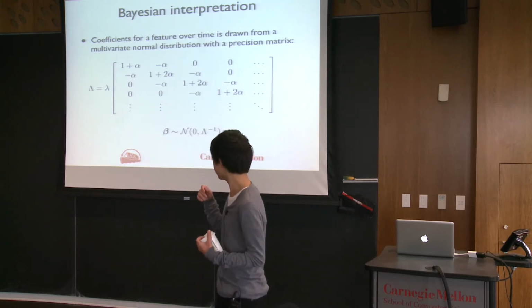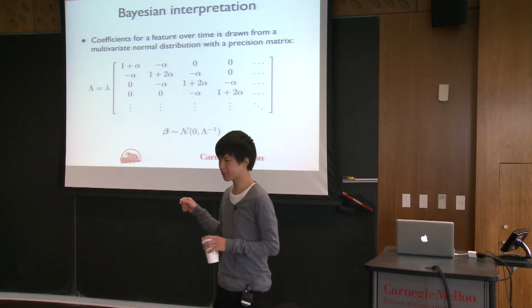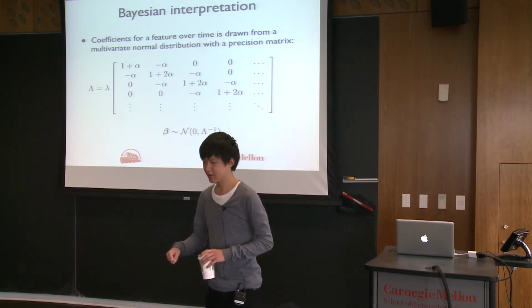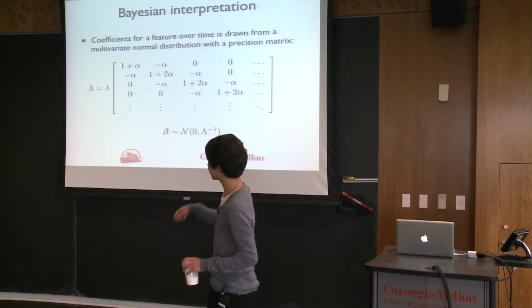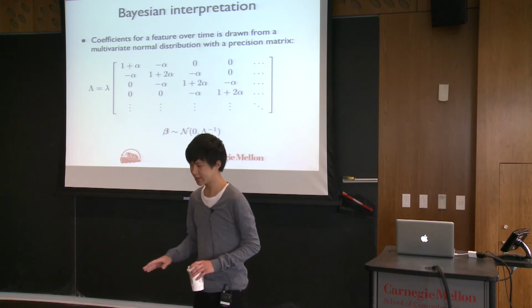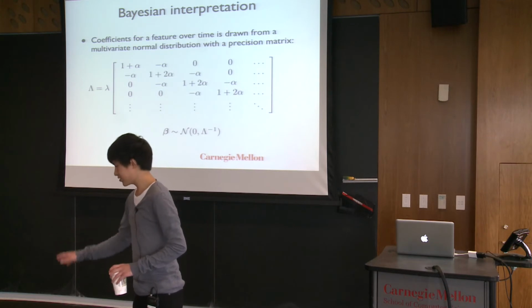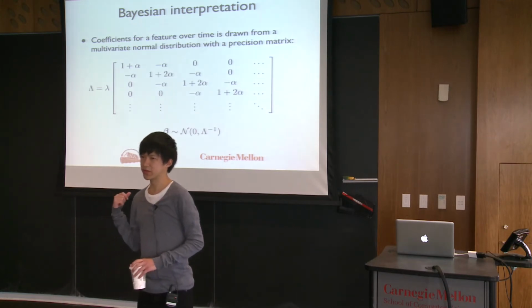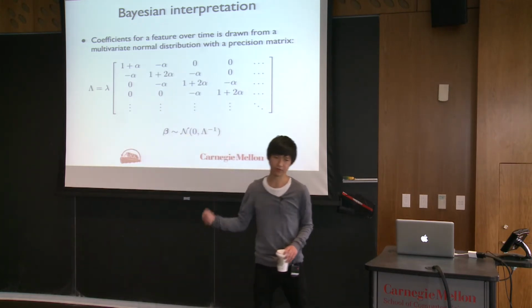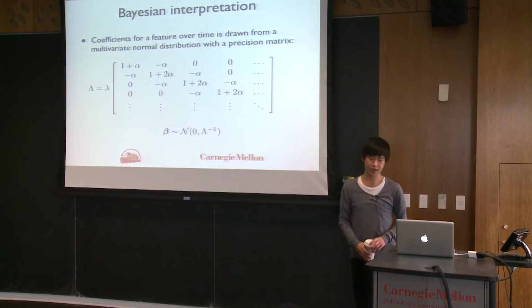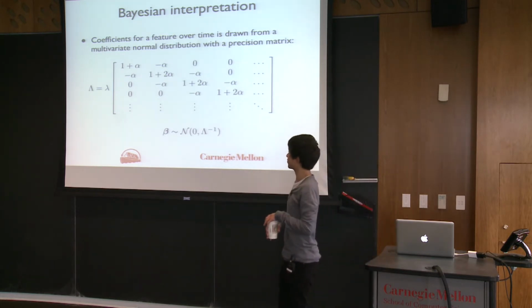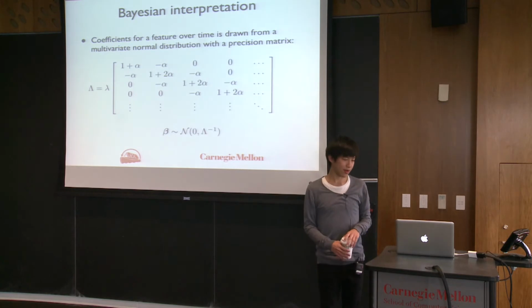So this is for a single feature over time. For a feature like language, the size of the matrix is t by t, where t is the number of your time steps. And you just draw once from this multivariate normal distribution for your feature weights over time. Okay, so that's the probabilistic interpretation of our regularization.